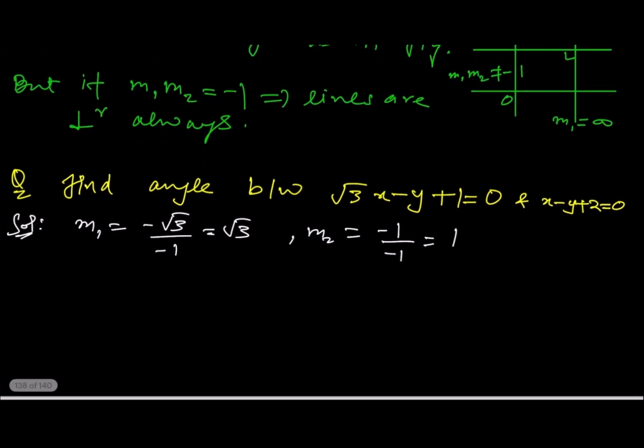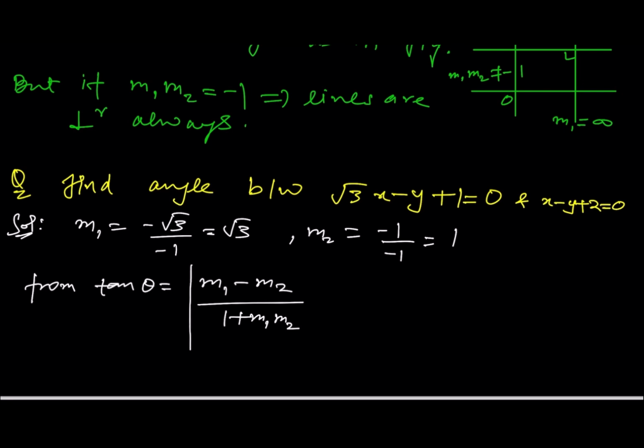So from tan theta is equal to mod of m1 minus m2 upon 1 plus m1 m2, and we have to take mod always, because we are considering acute angle only.